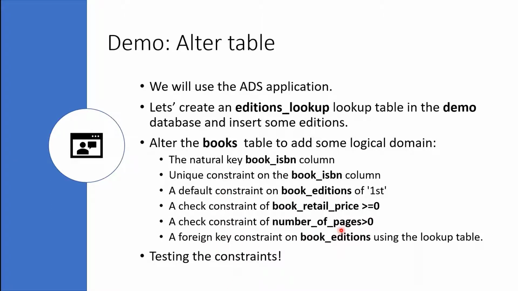Then we'll add a foreign key constraint. And then we'll play around with our constraints and make sure they work by doing some inserts and things like that. Along the way, I'm going to try to create this into a single script, but I might save that till the end of the unit. I might show you how to do that at the end of the unit. Okay, so let's get on with the next demo.